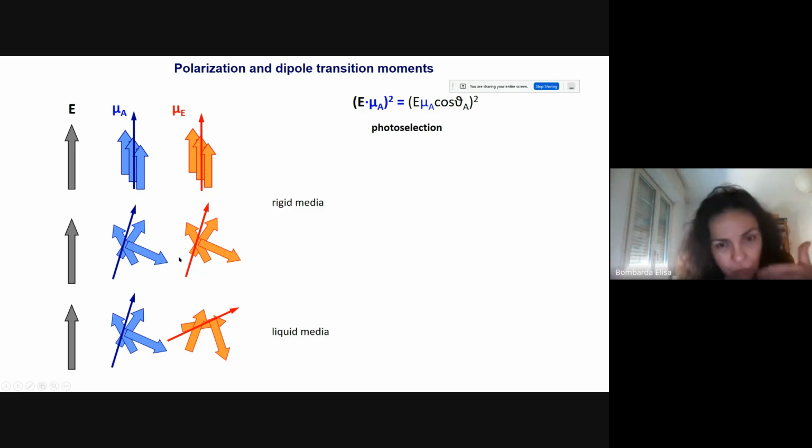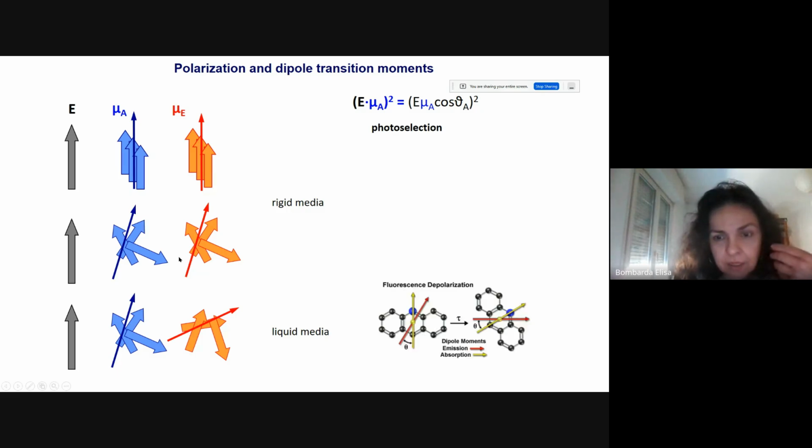And so we will then measure the fluorescence depolarization, because in this case, you see, we don't lose the polarization, so everything remains oriented in the same way.